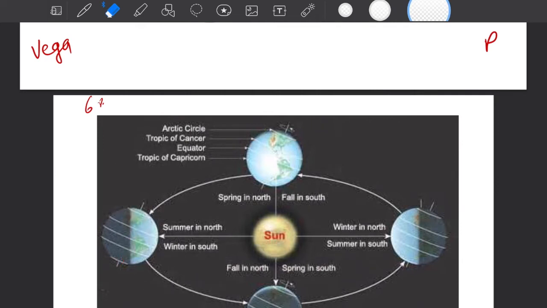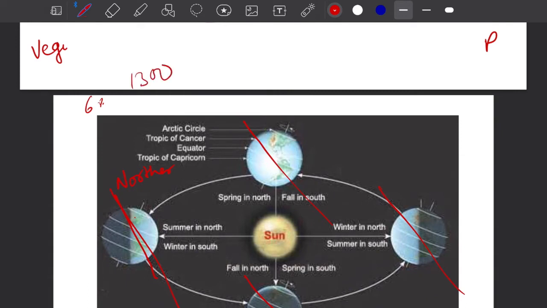Instead of that, the tilt is something like this. So because of this change in the tilt, some 13,000 years back, our northern hemisphere in June is pointing away from the sun. Right now it is facing towards the sun, but 13,000 years back it was facing away from the sun.